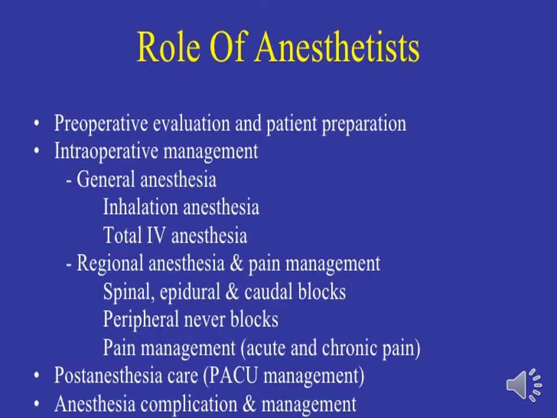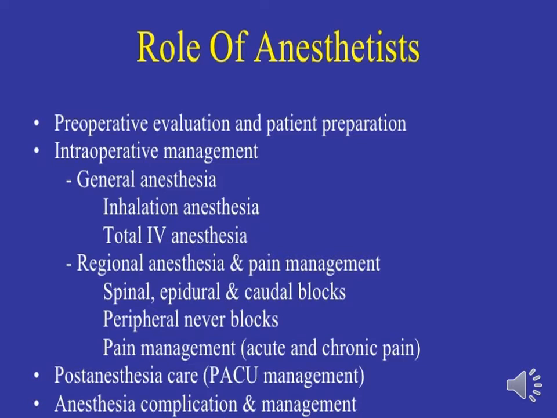The roles of anesthesia. First, the preoperative evaluation and patient preparation. You must evaluate the general condition of the patient and prepare them for taking general anesthesia. Intraoperative management, which includes general anesthesia drugs, that is inhalation anesthesia and total intravenous anesthesia. There are regional anesthesia and pain management.